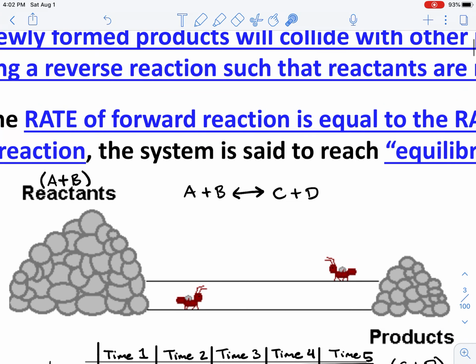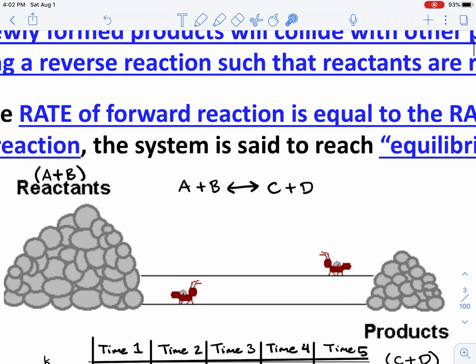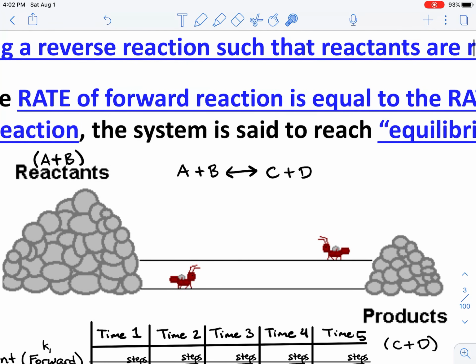Okay. And so here I'm using this very generic chemical equation to describe the reversible reaction between reactants and products. And so now that we understand what these rocks represent, let's go ahead and understand what these ants represent. So notice that these ants are transporting these rocks from the reactant side to the product side.